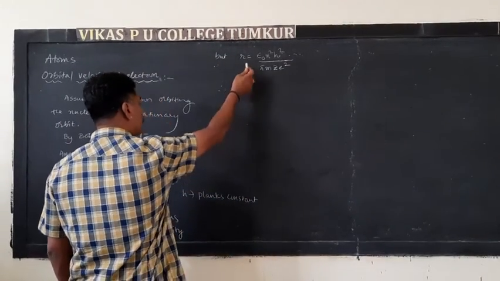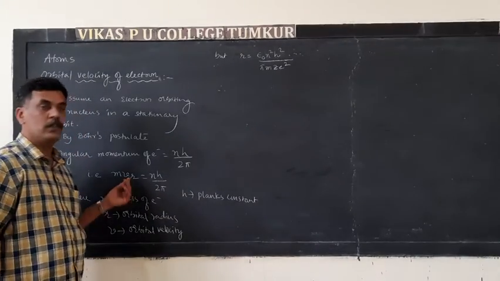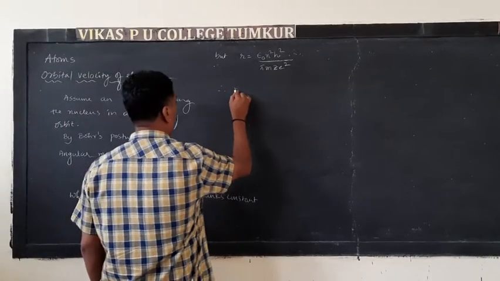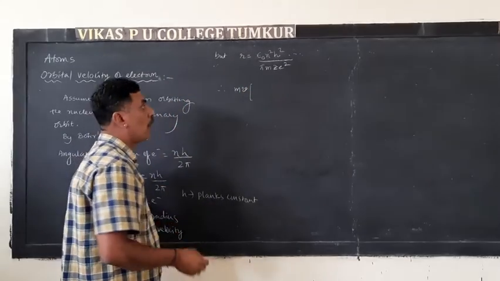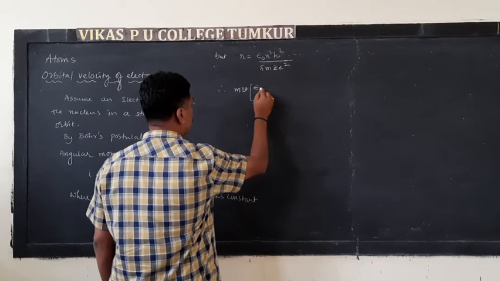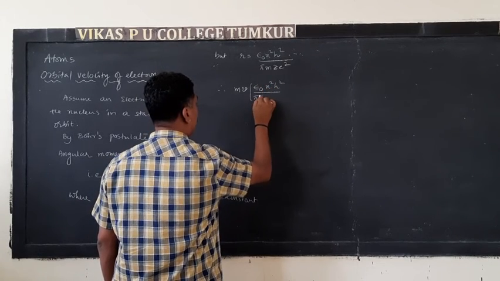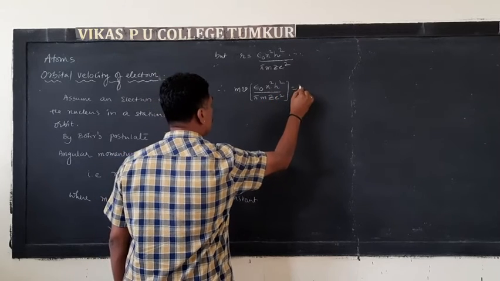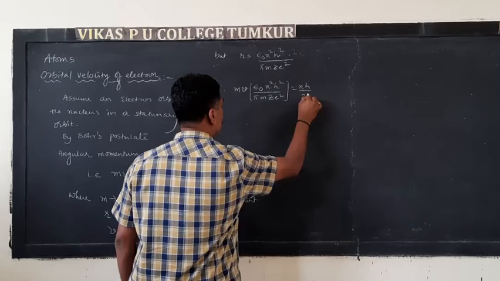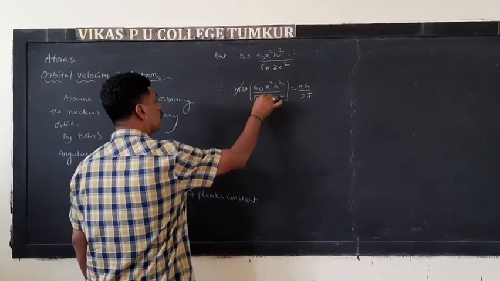Therefore, if you substitute for r here in this equation, what would we get? We would get mv as it is, r substituted as epsilon naught n square h square by pi m z e square, is equal to nh by 2 pi, RHS as it is. Now m cancels with m.